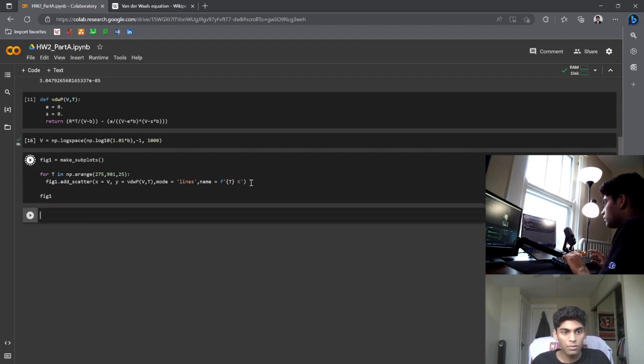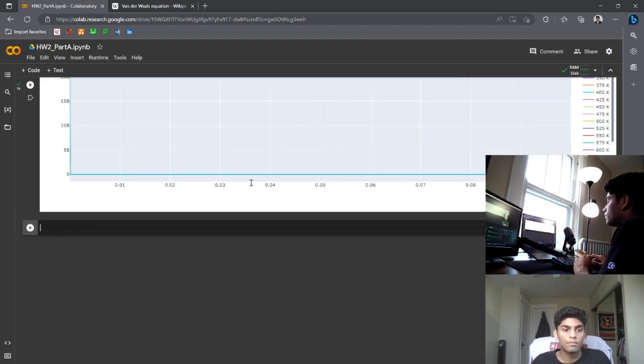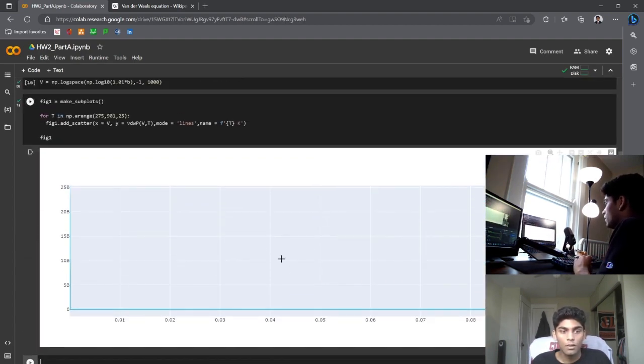Fig1. Okay, so this thing looks huge, and there's not really a lot you can discern just looking at that. You can kind of see there's a bit of movement in that bottom little corner area, but we really want to edit this to make sure that it looks nicer.